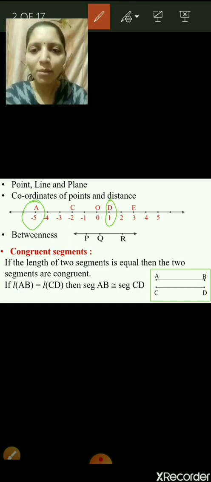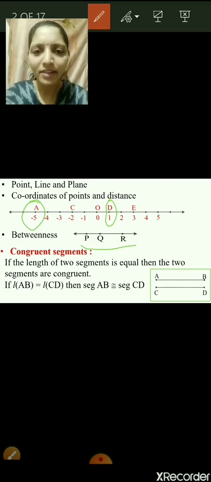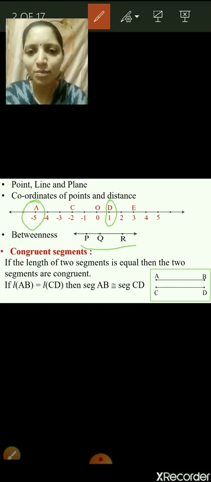Then you have learned about betweenness. Now what is betweenness? You have to consider 3 collinear points on any line, and then find the distance between PQ. Then find the distance between QR.